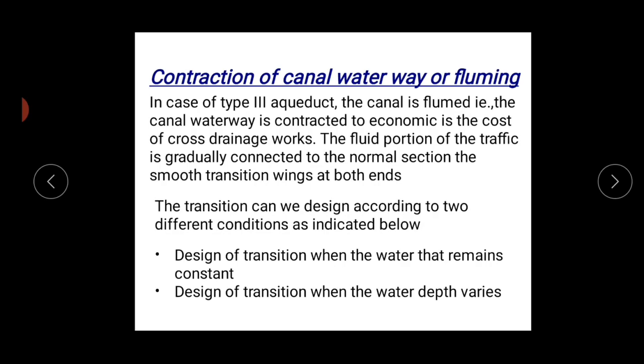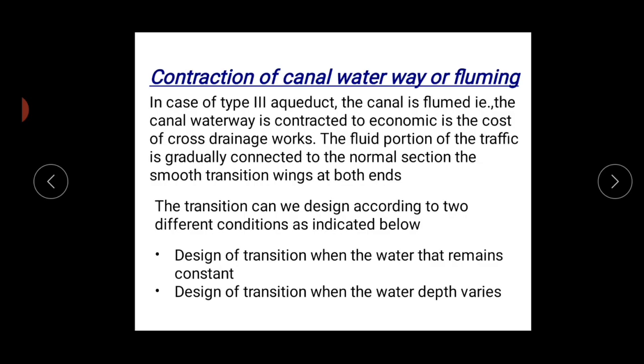The approach or contraction transition should not be steeper than 30 degree, which corresponds to a slope of 2:1, and the expansion transition should not be steeper than 22.5 degree, which corresponds to a slope of 3:1.